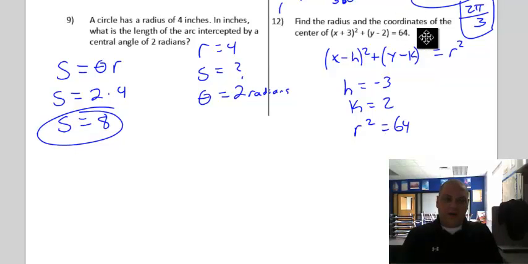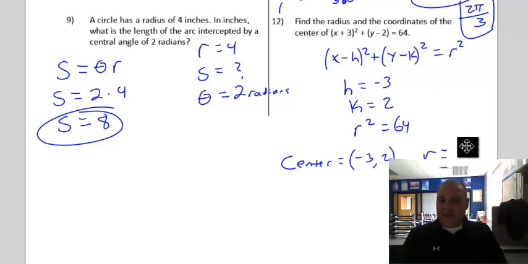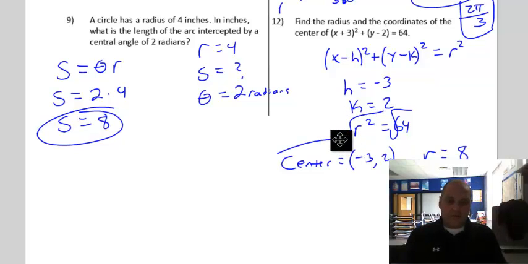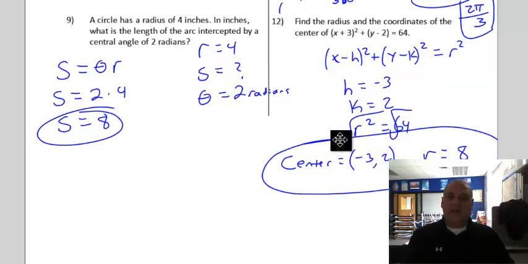Just compare those. All right, so my center point is going to be negative 3, 2. And my r is going to be 8 because r squared is 64. I just take the square root and that gives me 8. Okay, so my center point is negative 3, 2, and my radius is 8.